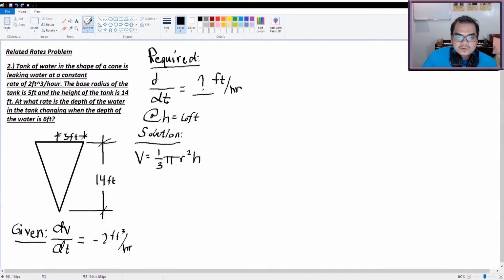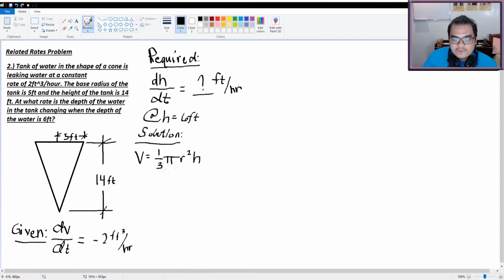So this is dh over dt. Now, in order for you to have a dh over dt, you must be able to differentiate, or perform derivative, with respect to h. Now, again, my question: is it in terms of h or in terms of r?